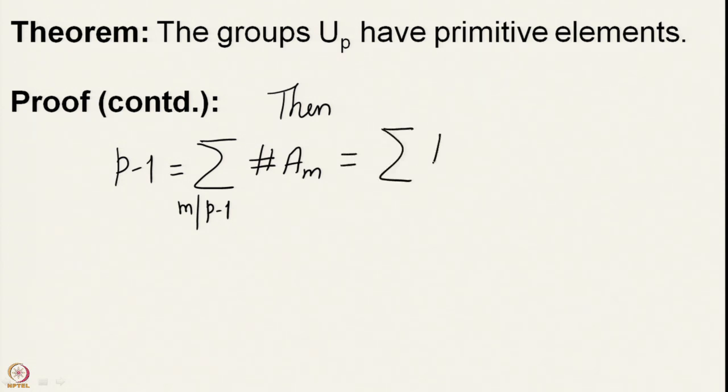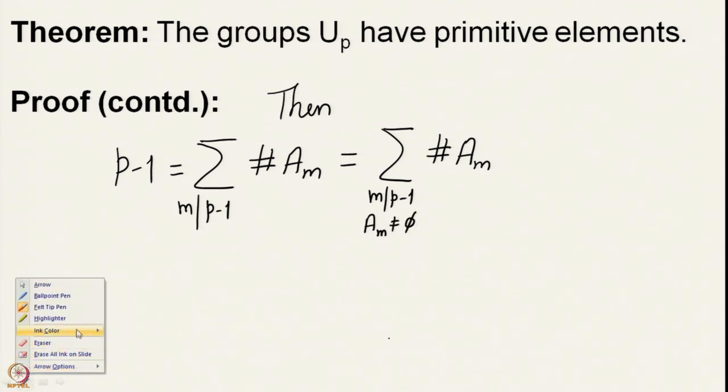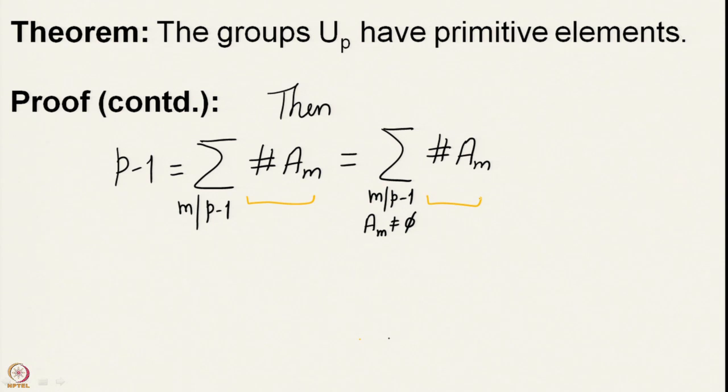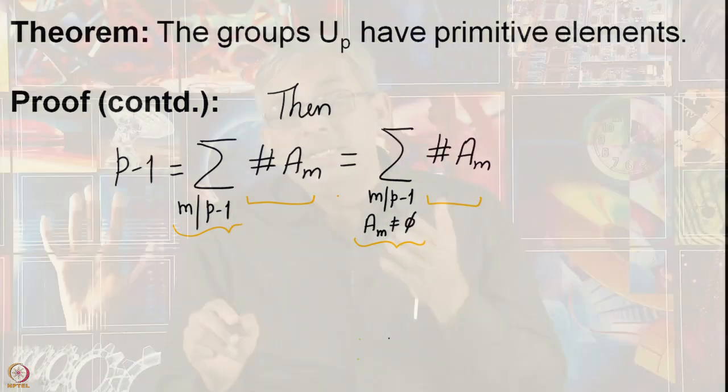This is also clearly the summation of the cardinalities of A_m, where m divides p minus 1 and A_m is non-empty. The only difference between these two sums is that here you are taking all the m's dividing p minus 1, whether A_m is empty or not, and here you are taking only those m's dividing p minus 1 where A_m is non-empty. So the only difference is the cardinality of the A_m which are empty, but those are anyway 0. So these two equalities are the same.